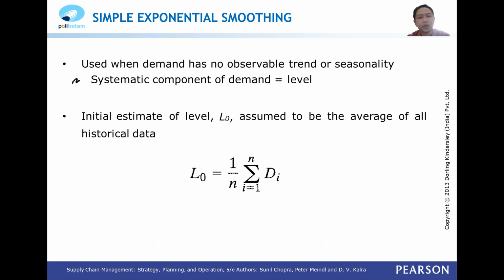The level value is obtained from the average value of demand in n periods, and the formula becomes L in period 0 is equal to 1 per n multiplied by the sum of Di, where the value i runs from 1 until i is equal to n periods.